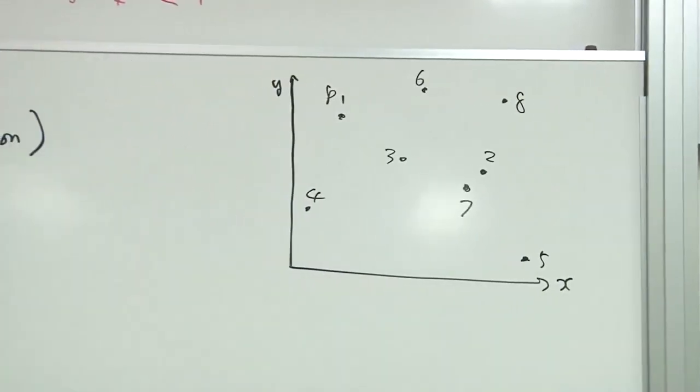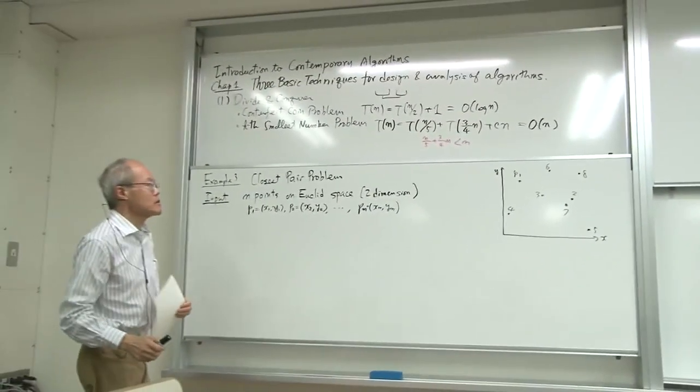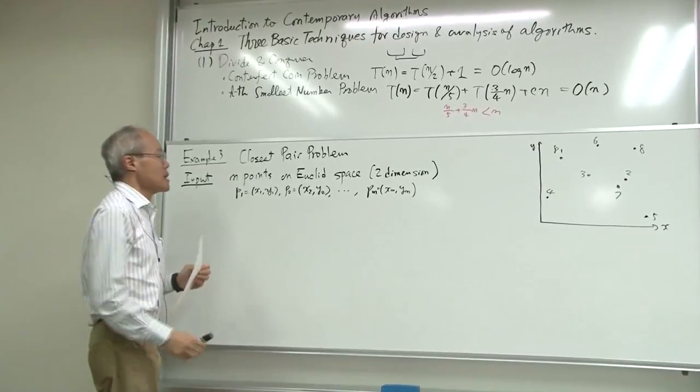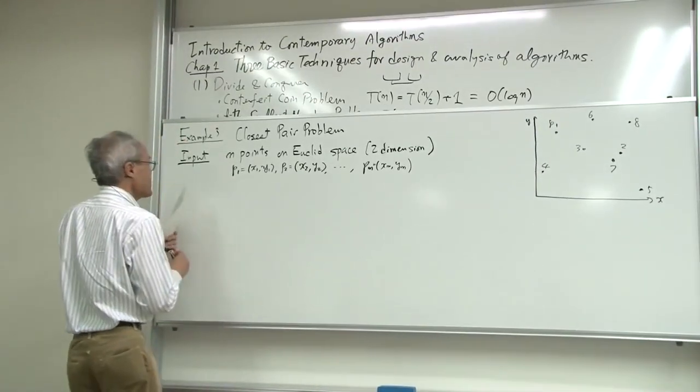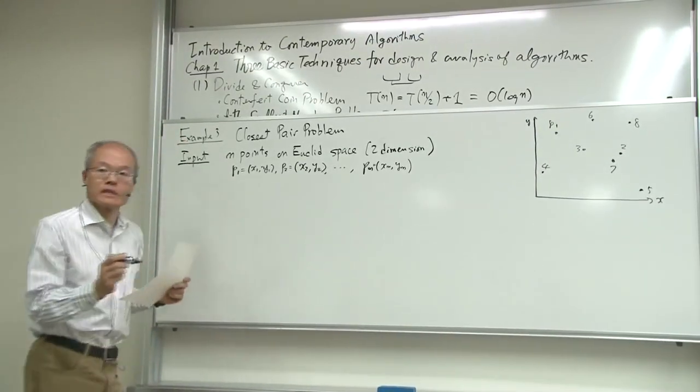So we are given n points over a two-dimensional Euclidean space, and our output is a closest pair.